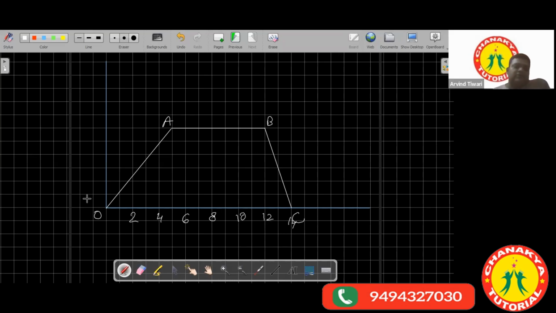Here I give you the velocity as 2, 4, 6, 8, 10, 12, 14. Okay. So my questions are, you have to find the acceleration during first 5 seconds.